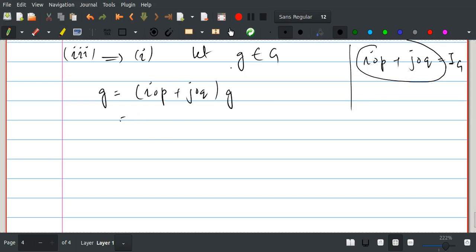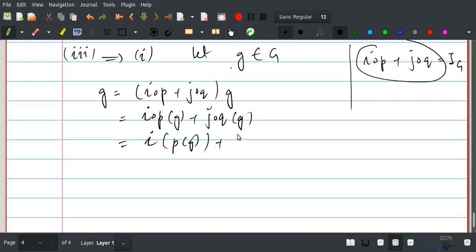This is same as I of P of g plus J composed with Q of g. Now this is I of Pg plus this is J of Qg.